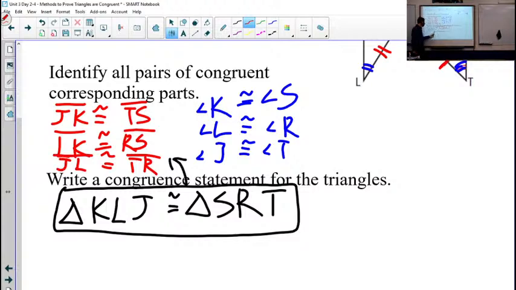That K goes with S, that L goes with R, that J goes with T. Not only that, but for example, if I wanted to know what L to J was congruent to, well, since I wrote it in the right order, the last two letters are going to line up with the last two letters, R to T. So L to J should line up with R to T. And we said that right here. So I can look at this statement and know which pairs of sides and which pairs of angles go together. So let's practice doing that now.